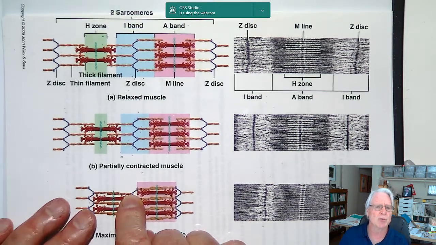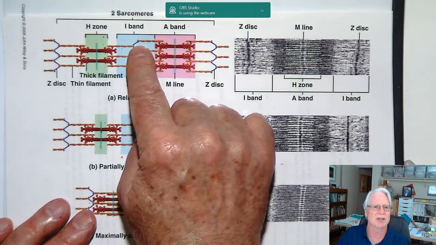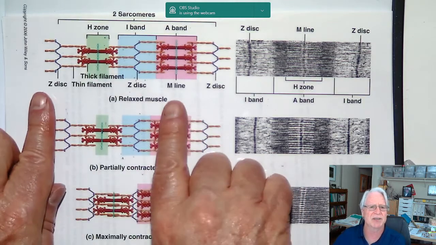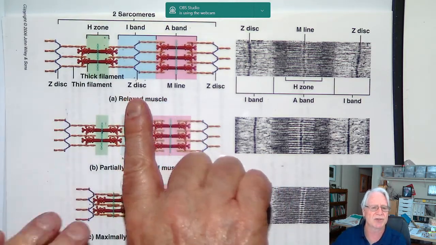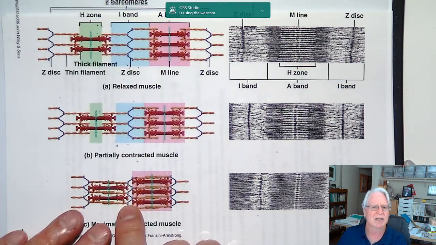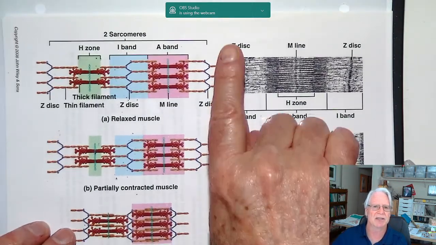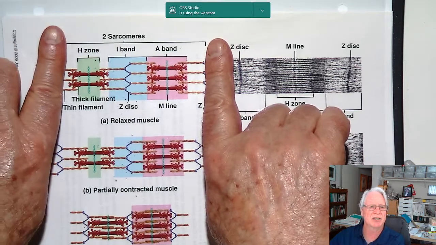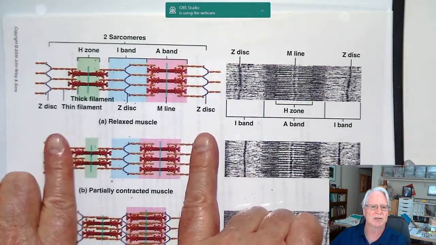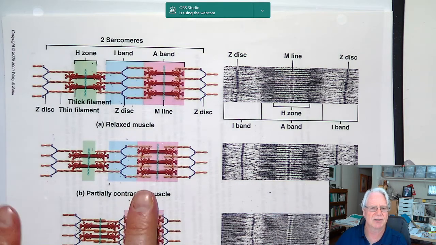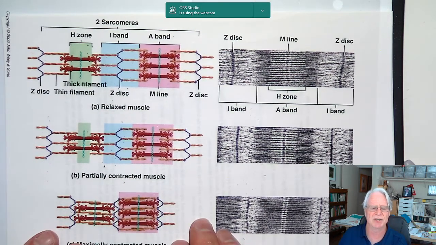So there is no region where we only have thin filaments, and no region where we only have thick filaments, because the entire thing has collapsed towards the center, and we get the contraction. Notice that this Z disc, that Z disc, is moving closer and closer. The whole thing is being reduced in size.